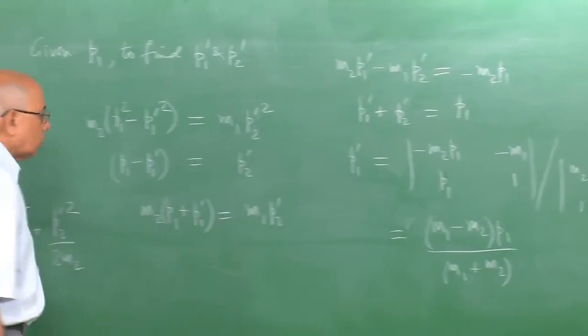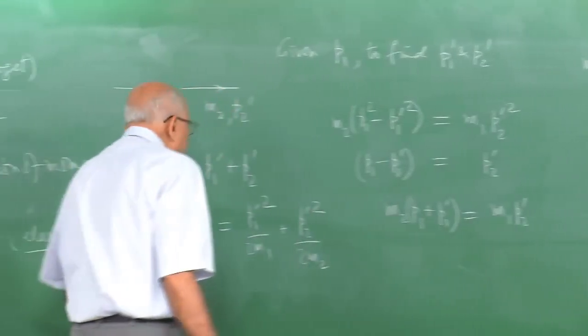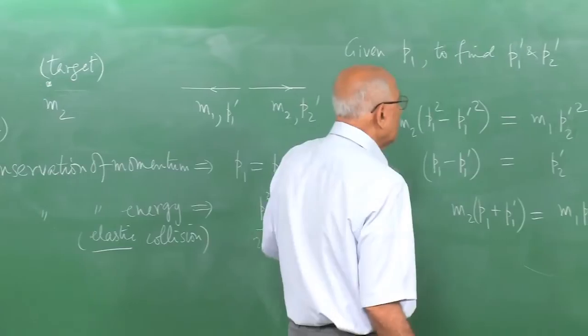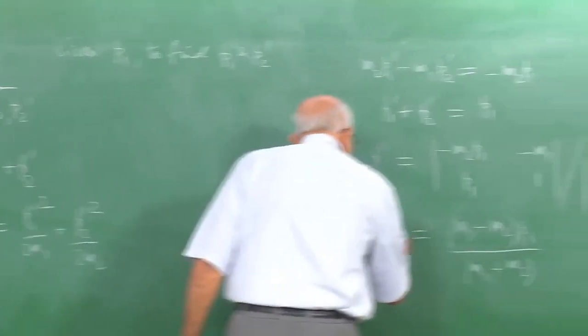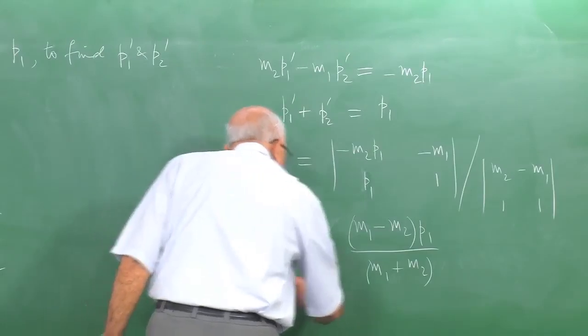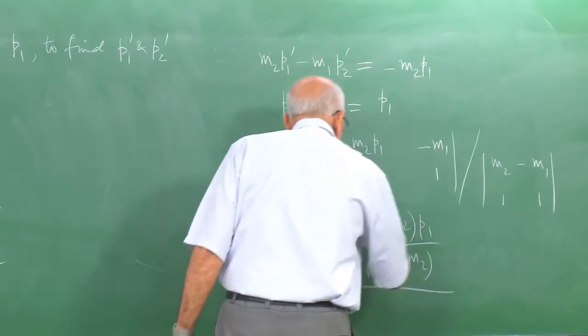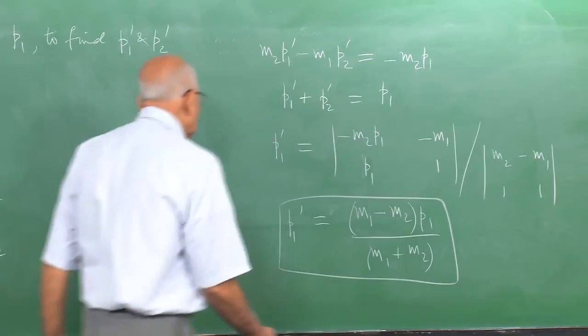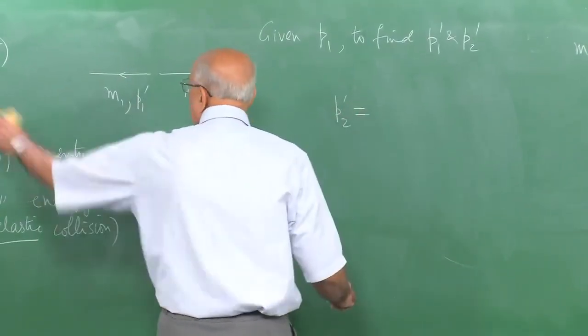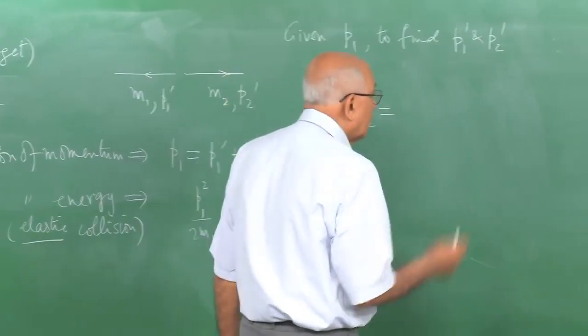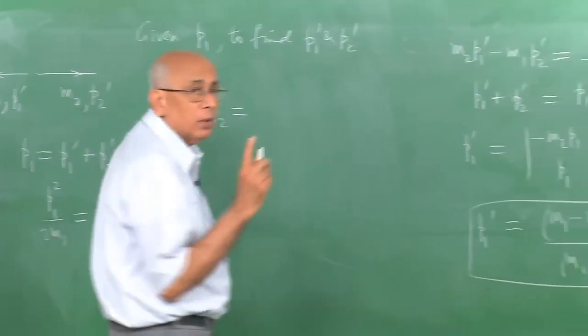What about p2 prime? Well, that's equally easily written down. We have the same equations. So that's solution number 1: p1 prime is this thing here. And what's p2 prime? This is the momentum the target acquires after the collision.